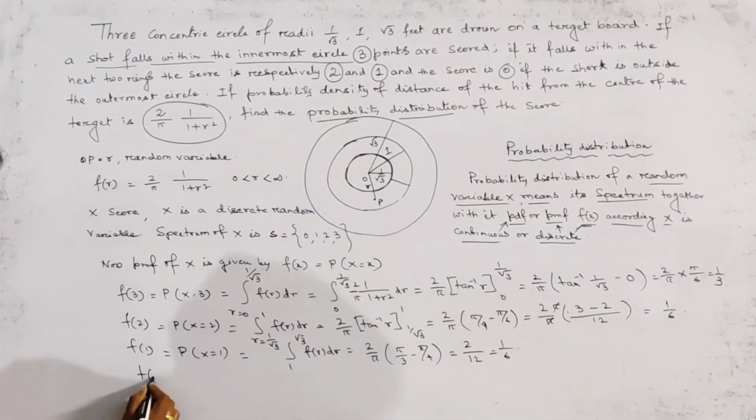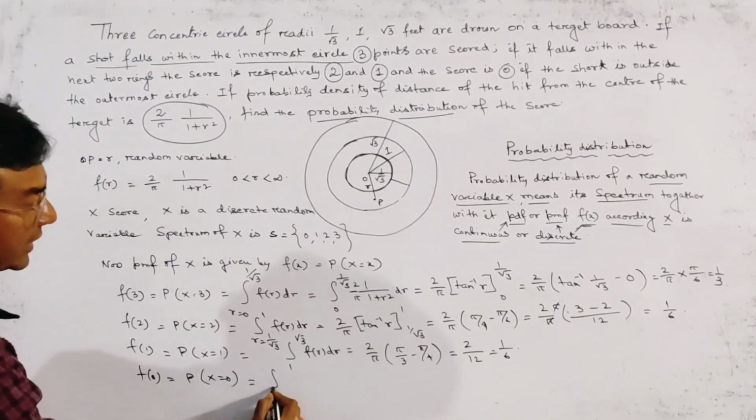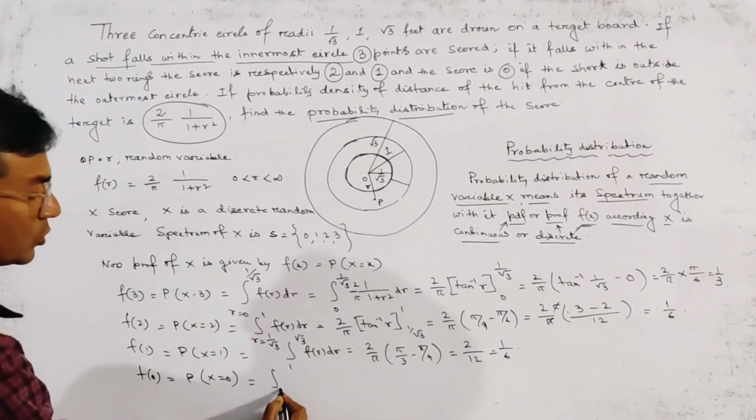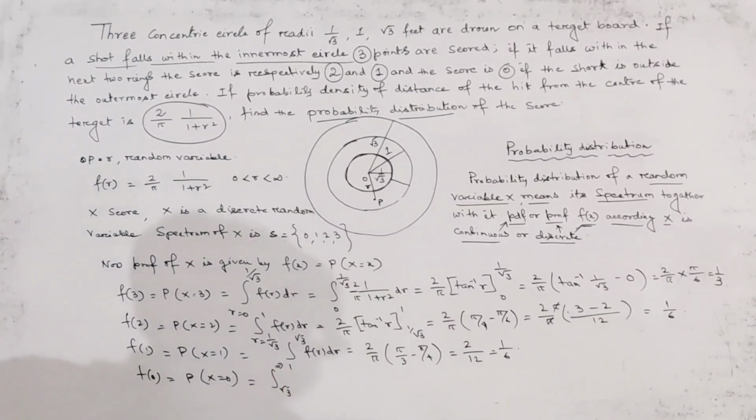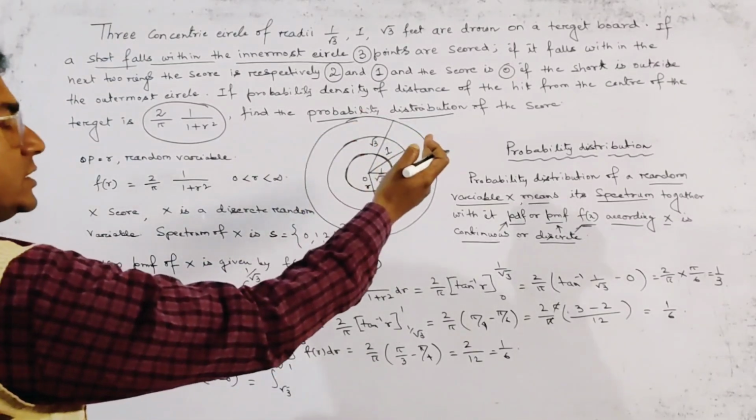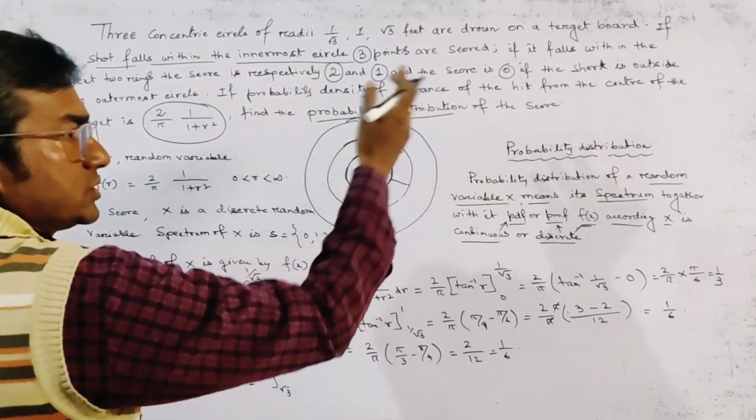And now f of 0, this means probability of X equal to 0, and the range here is root 3 to infinity, because it is outside the outermost circle.